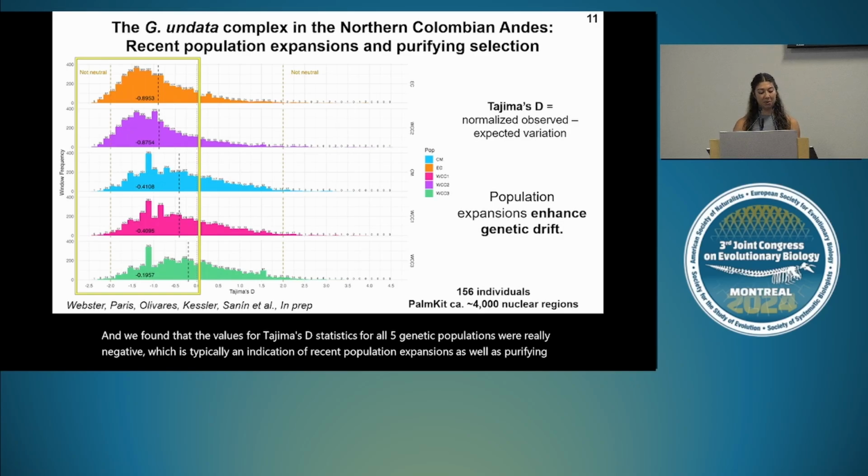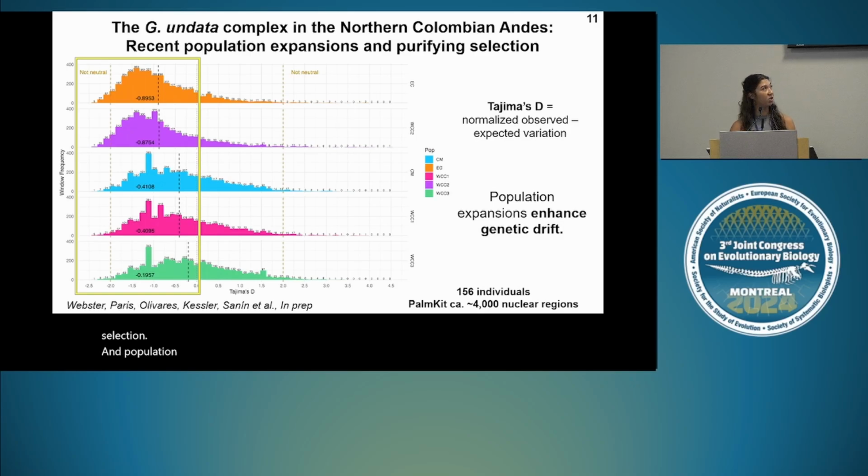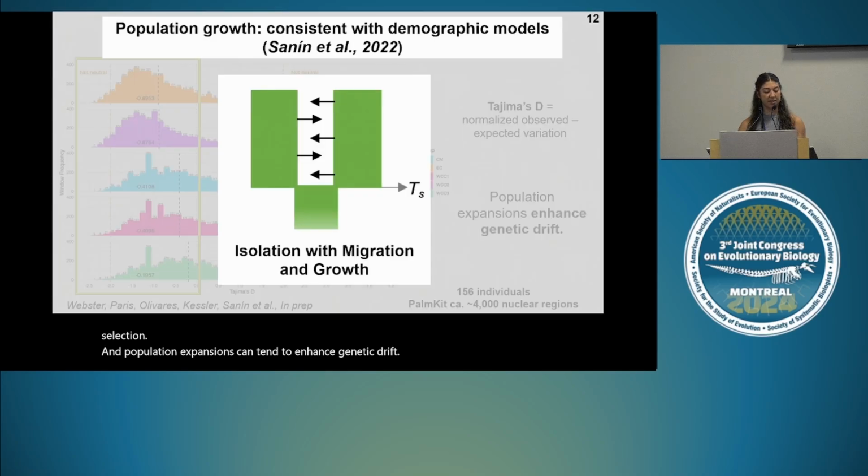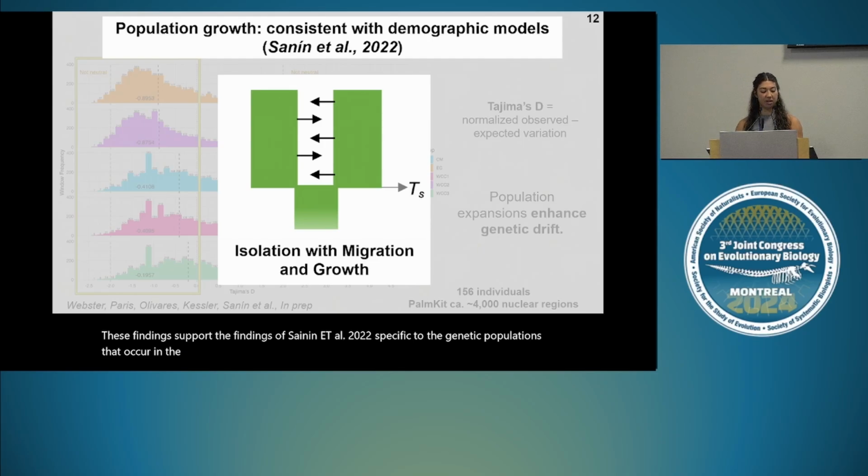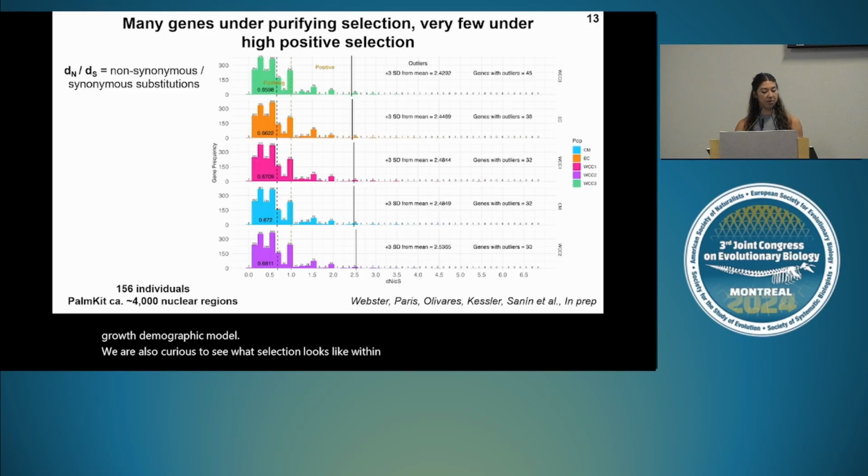And population expansions can tend to enhance genetic drift. These findings support the findings of Sanin et al. 2022, specific to the genetic populations that occur in the western and central Cordilleras, which is an isolation with migration and growth demographic model.